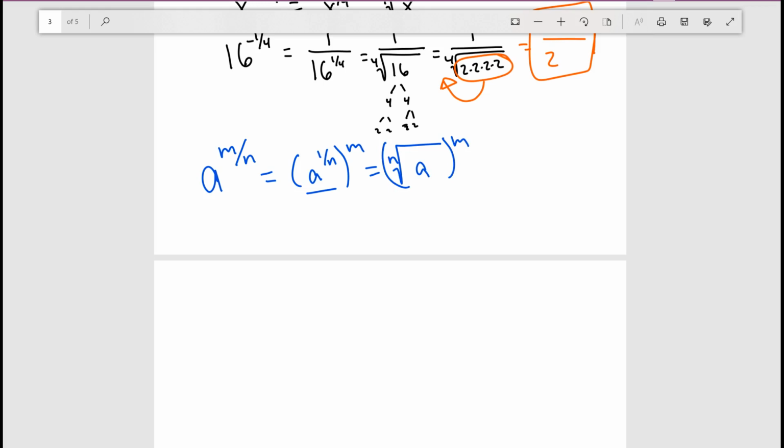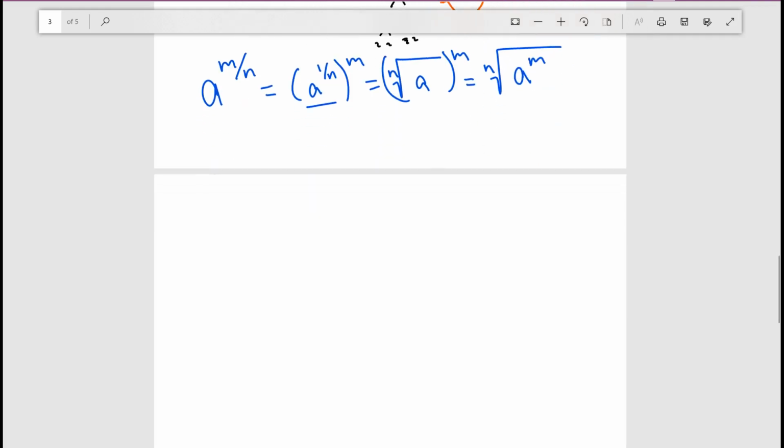And actually, this tells me that I have m of these, so this is going to be the nth root of a to the m. So basically, if you have m over n, this denominator is going to tell you what kind of root it is. That's the nth root. And then this one's just going to stay on the inside, a to the m. Okay, that's all it is.